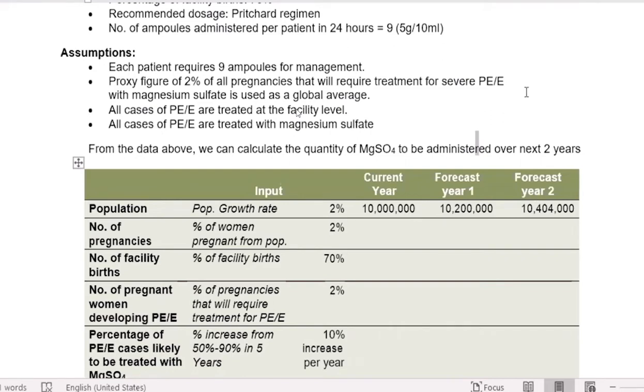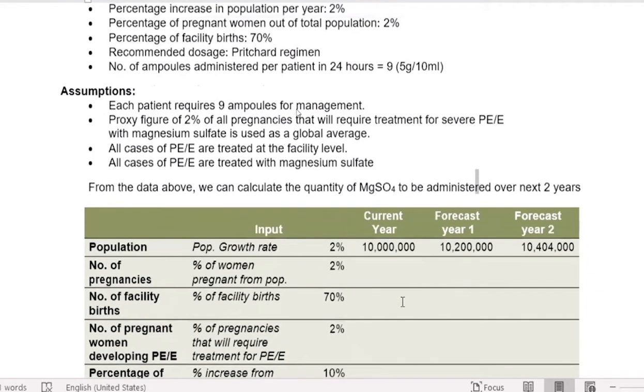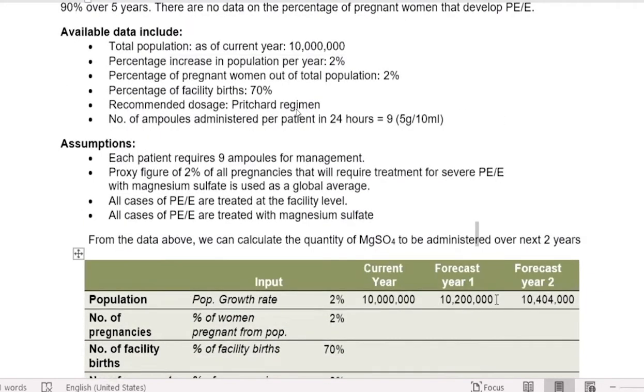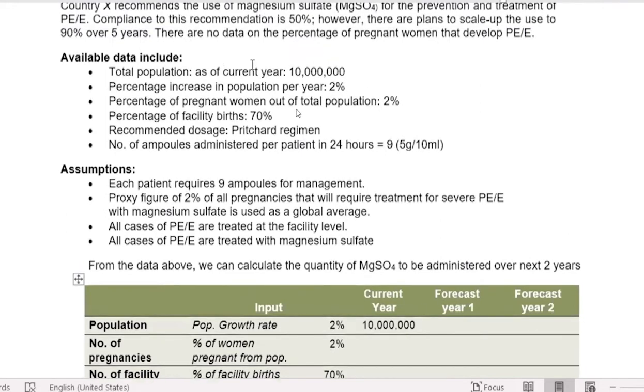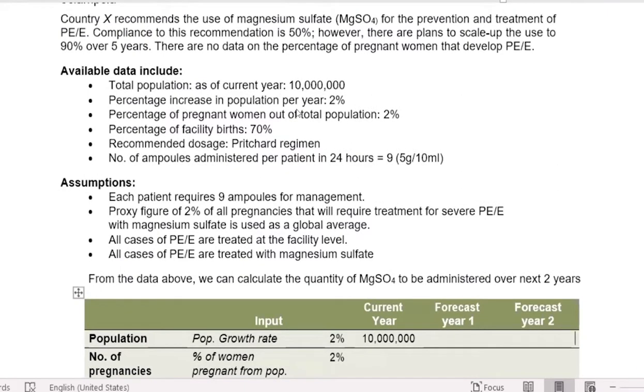So that's why this 10,000 that has been given here, by the way, you don't need to have these. Let me just get rid of these. So the 10,000 is the total population, right?